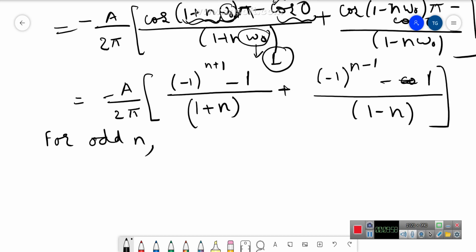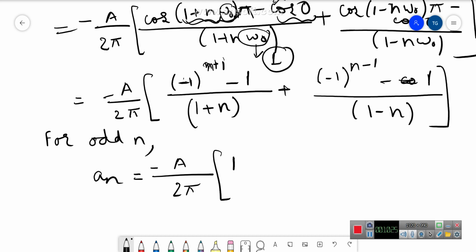When the n value is an odd number, then what will my an look like? It will be equal to a by 2 pi. So for odd n, this is an odd number, so anything odd plus 1 will make it even, and any number to the power of an even number will become positive.